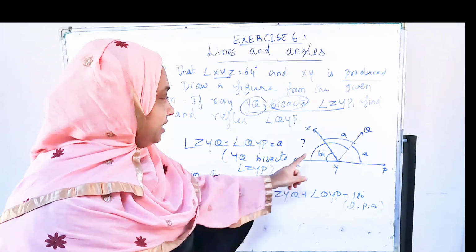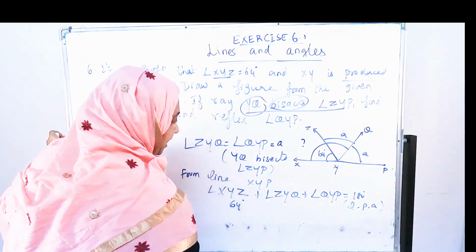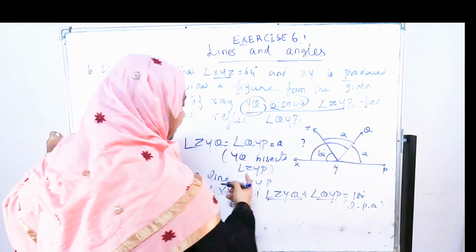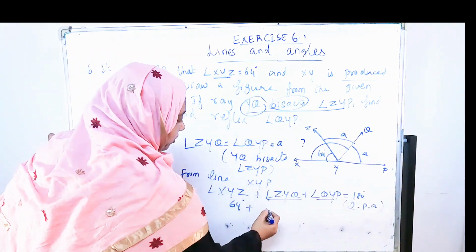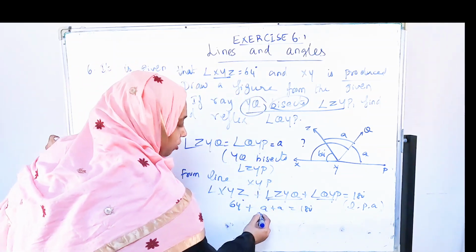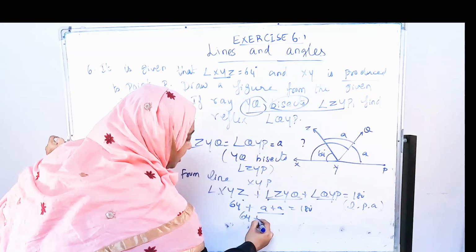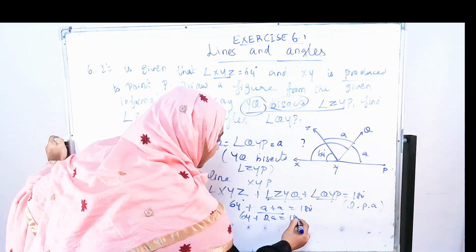XYZ is 64 degrees, they gave us. These two angles we kept as A, so A plus A. How many A's are there? 2A. So 64 plus 2A equals 180 degrees.